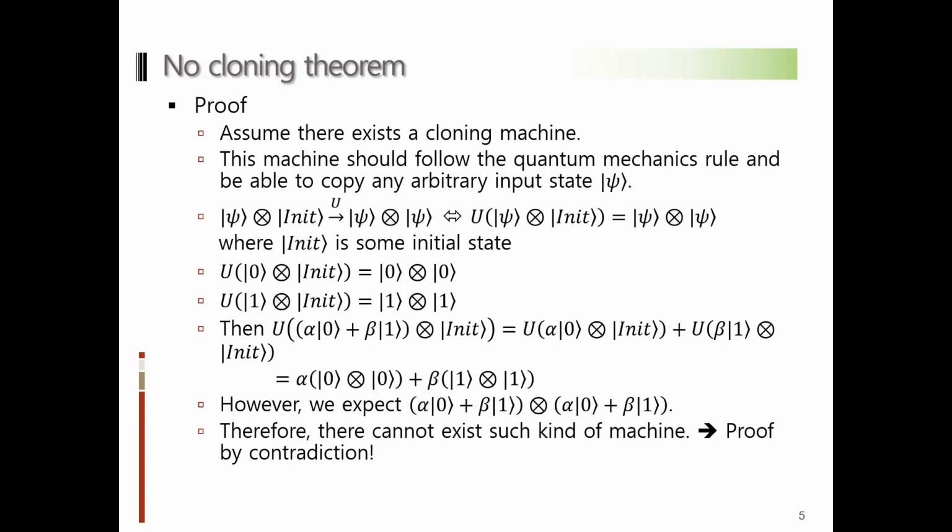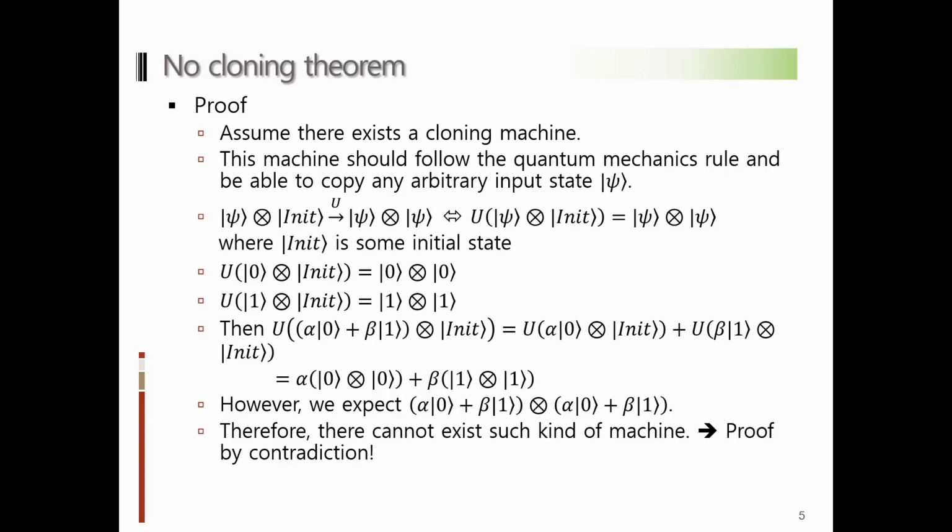However, for computation purposes, no cloning is not helpful, because you will learn that with many quantum algorithms, at the end of the calculation you will be left with your solution, but the solution is represented as a superposition. And unfortunately, you can measure only one of them.